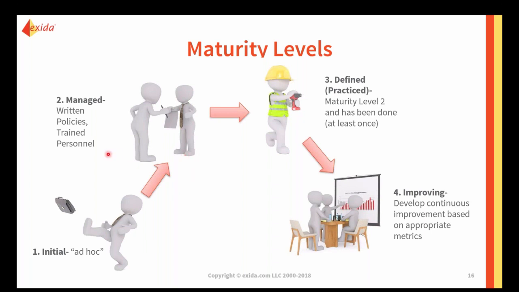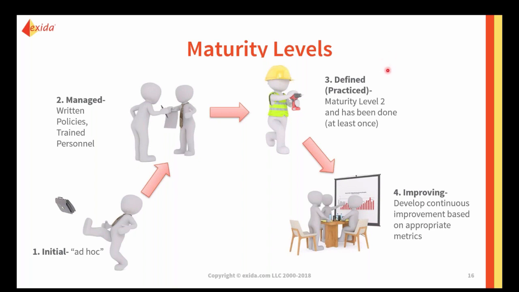The next step up is maturity level 2, and that's managed. So there are written policies and procedures, and the other key element is that there are trained personnel with specific competency requirements. Those are the first 2 steps to having a more defined security program.